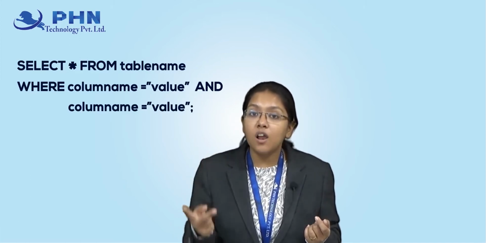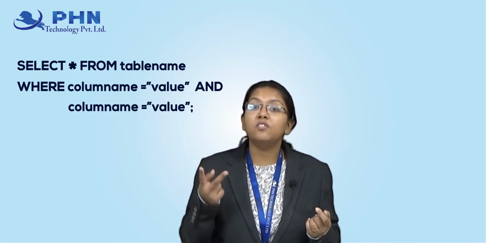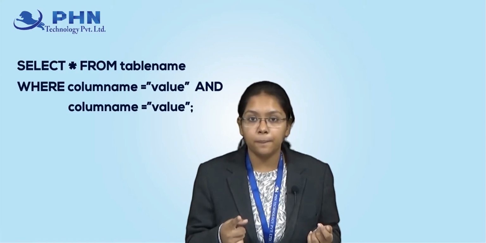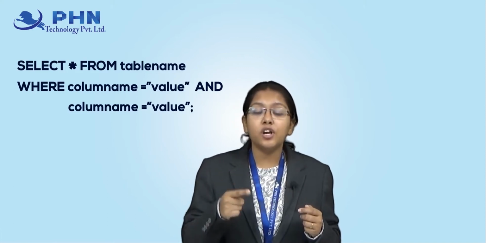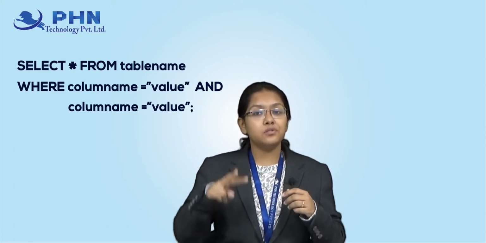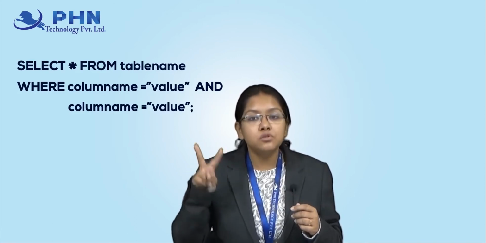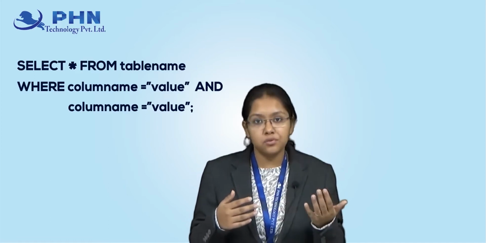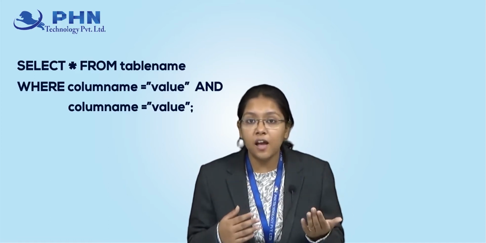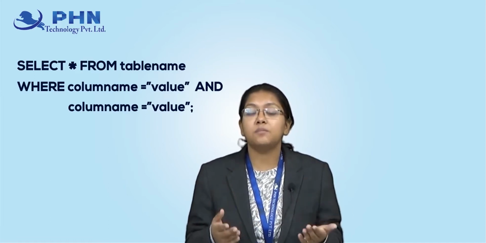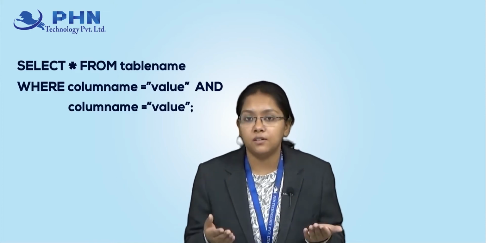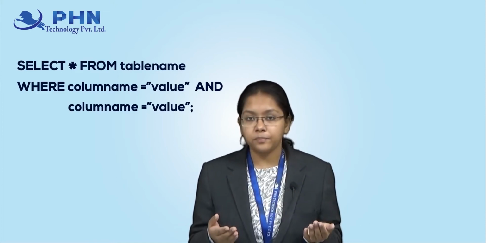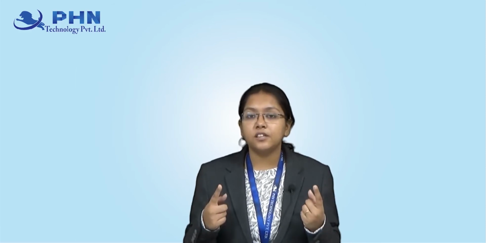In the truth table, we saw that the two values should be true. In SQL language, these column values are nothing but the values for your AND operator. Remember this. We will see how to use this syntax through a query.